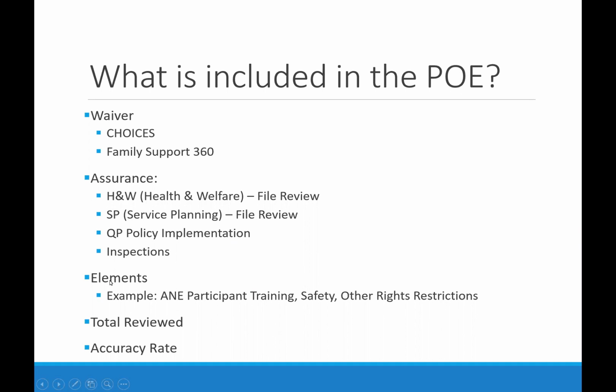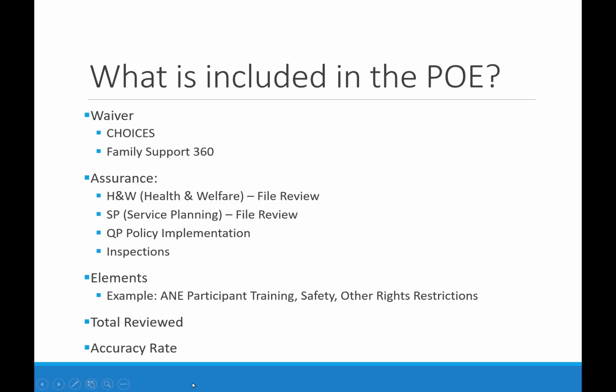Each assurance is broken down into various elements. An example would be within the health and welfare assurance: abuse, neglect, exploitation, participant training is one element, safety is another element, and rights restrictions are yet another element within that waiver assurance.